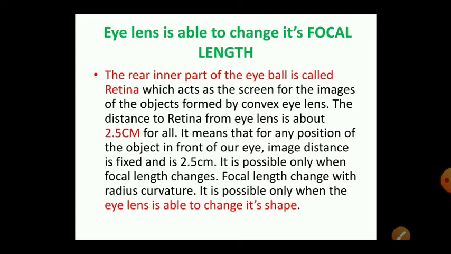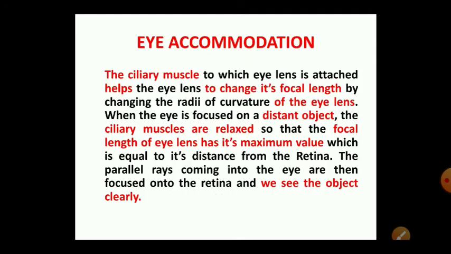Focal length changes with the radius of curvature. To change the radius of curvature, we should change the shape of the lens. How does it change? The ciliary muscle to which the eye lens is attached helps the eye lens to change its focal length by changing the radius of curvature.